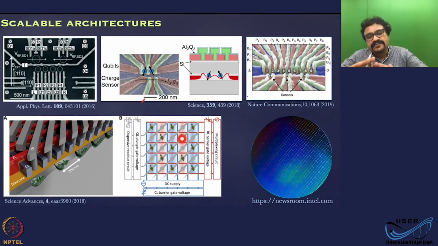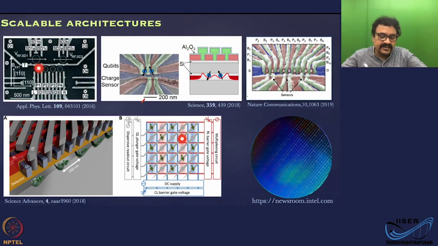Now, as I told, the industry can directly adapt the technology from the prototyping labs. So the labs also have stepped up the scaling exercise of these qubits. This one is for gallium arsenide. I just want to mention there are a lot of works going on in that.